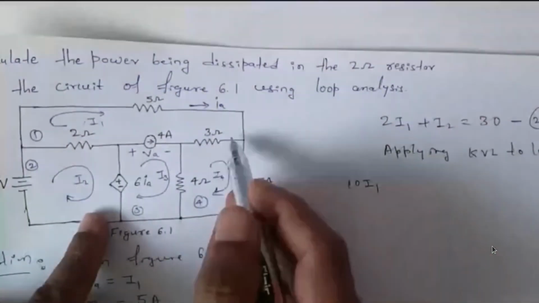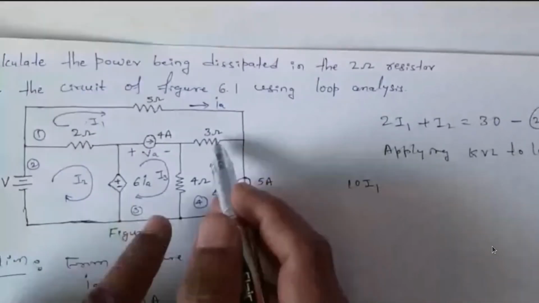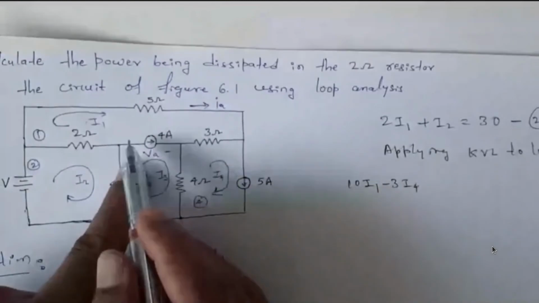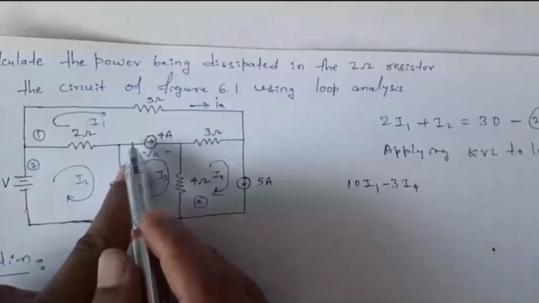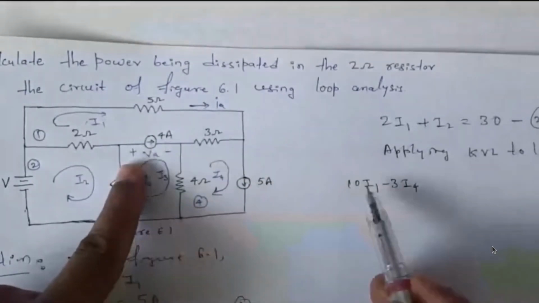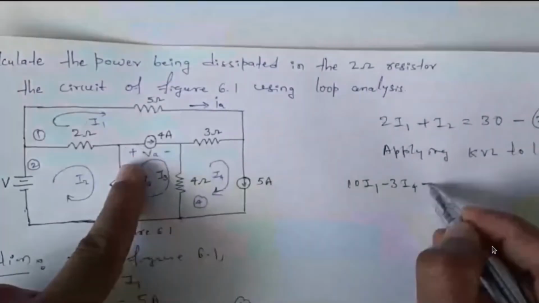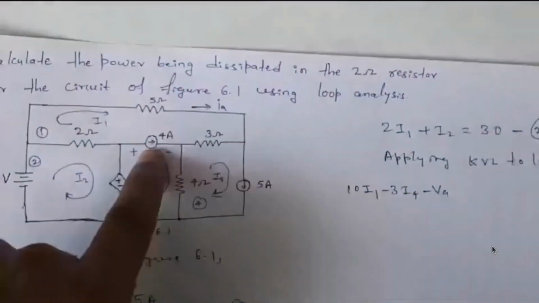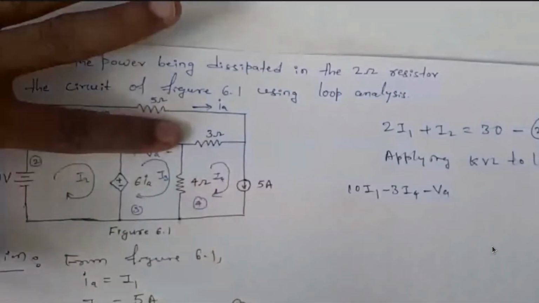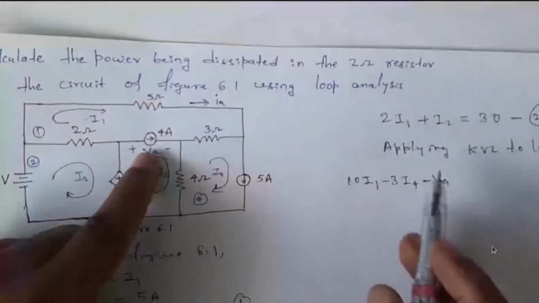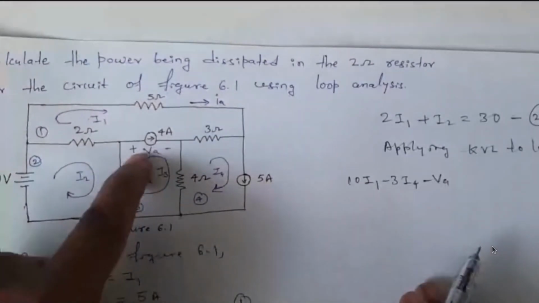And here I1 and I4 both are in opposite direction, minus 3 I4. And dear students, here minus to plus, because plus to minus I have considered plus, minus to plus will be minus. This is minus VA. I am considering the voltage across this current source as VA. Plus to minus I have taken positive this time. Minus to plus will be negative.